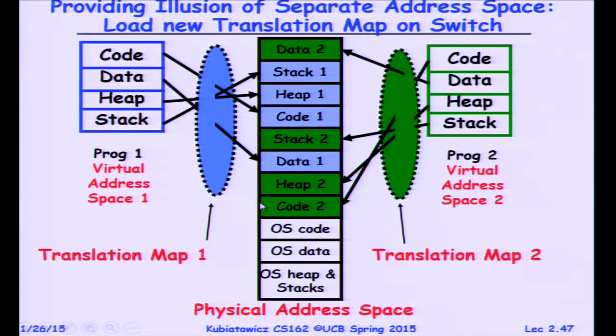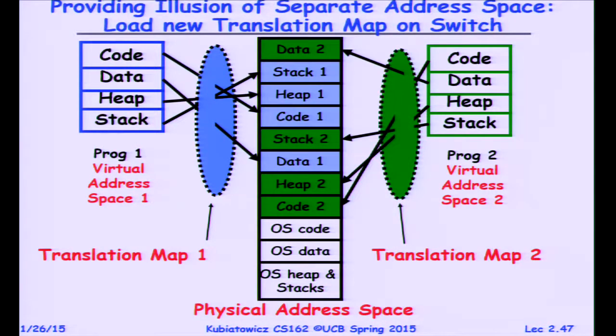Notice how the blue and the green are kept separate from each other simply because blue's code segment goes through a translation and points to a completely different place in memory than green's does. And it's up to the operating system to load those translation tables. But if we set it up right, blue and green never interact with each other, and we don't get any protection problems.